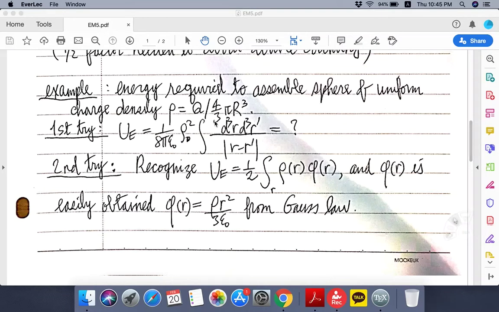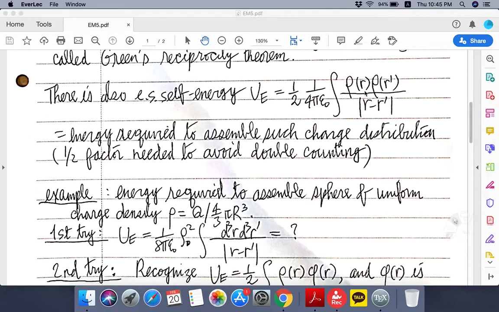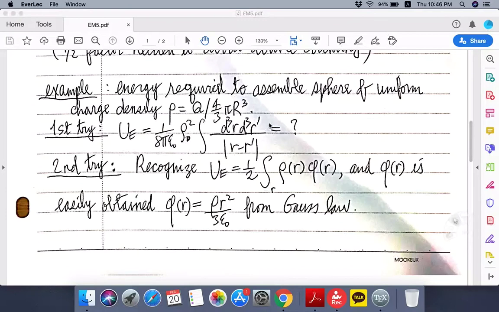So then the charge density would be some constant, like the total charge divided by the volume of the sphere. Okay, so if we can manage to perform this double integral, that would mean that we know how much energy is required to assemble charges into the spherical shape having the radius r. And that boils down to whether we can perform this sort of double integral. And apparently it looks pretty hard.